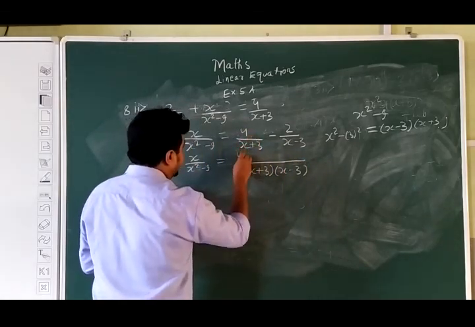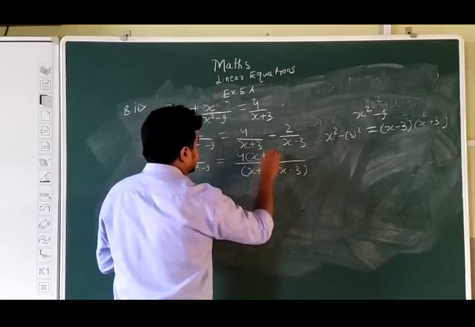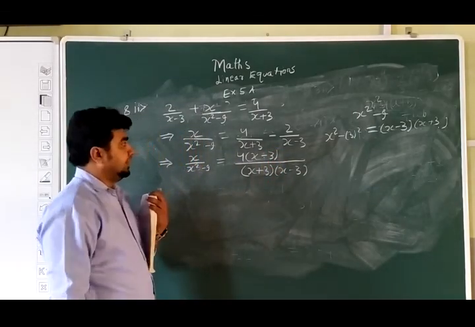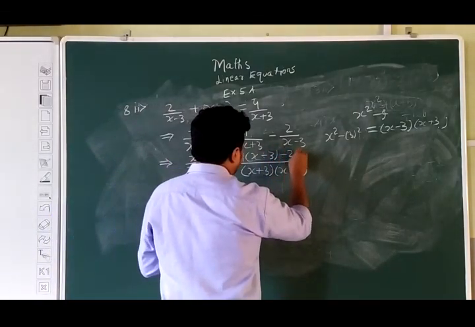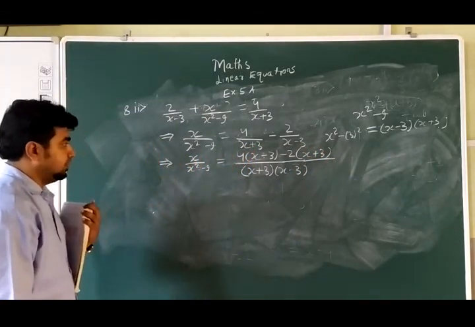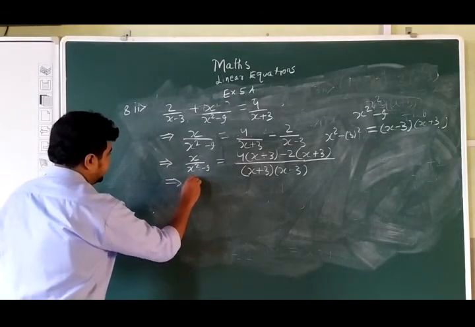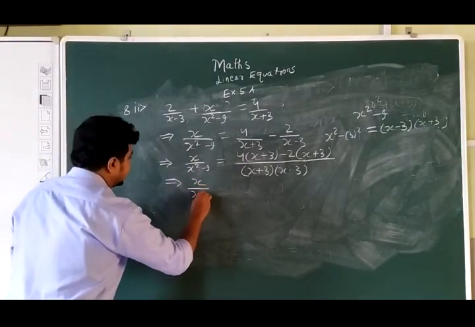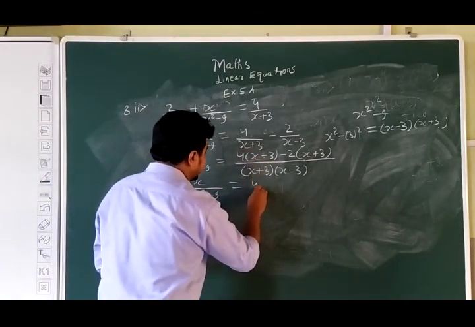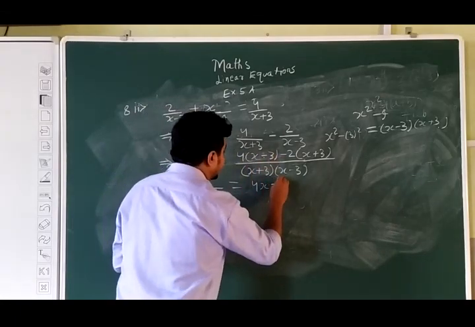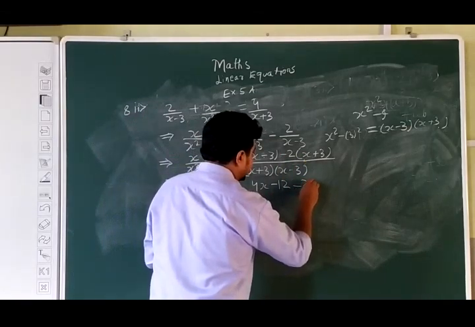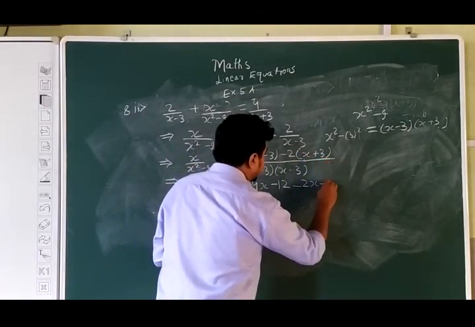And the 4 can be multiplied with x minus 3, and 2 is multiplied with x plus 3. So from here what we are getting, this is x by x square minus 9, and from here 4 into x is 4x, 4 into minus 3 is minus 12, minus 2 into x is minus 2x, minus 2 into 3 is minus 6.